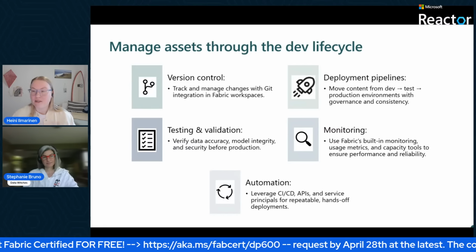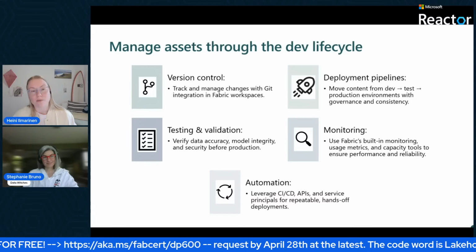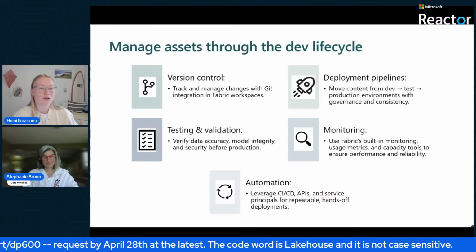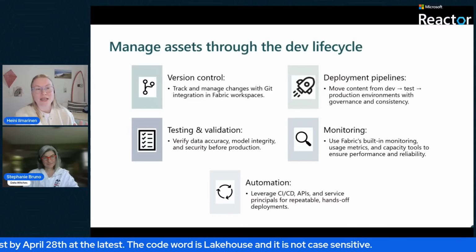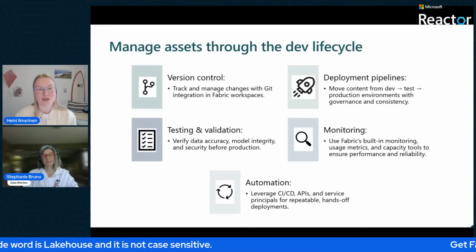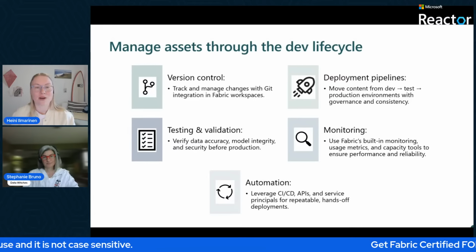And luckily, the deployment pipelines do quite a good job in understanding that if you have something pointing to another item in your dev workspace, then it will link the same items in your test workspace once the deployment is done. And the same thing when you go to production.